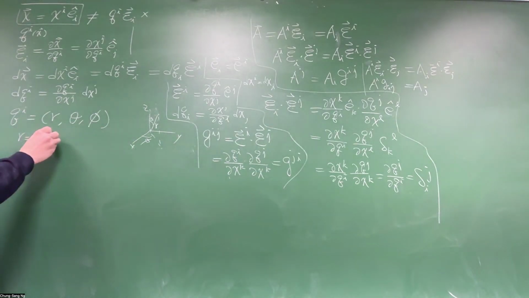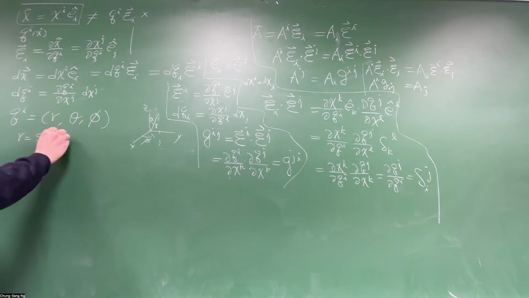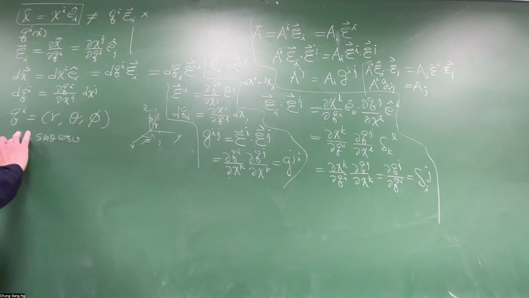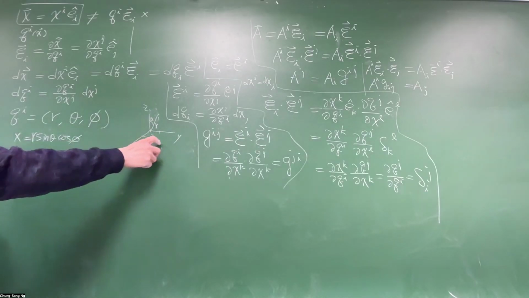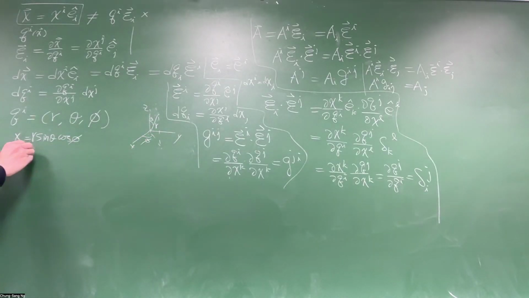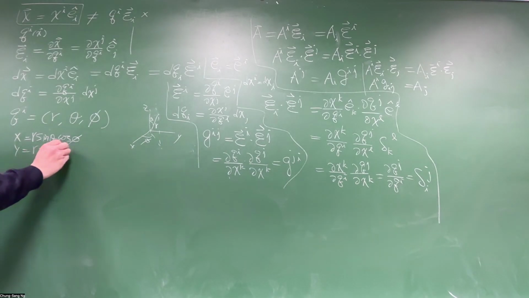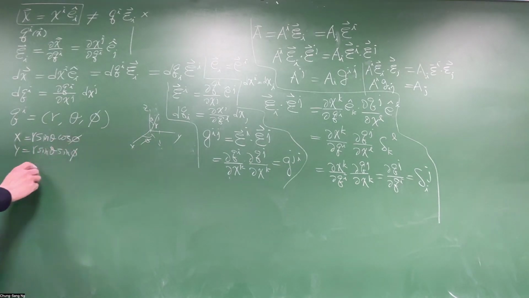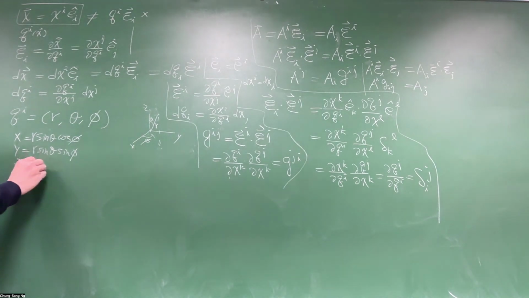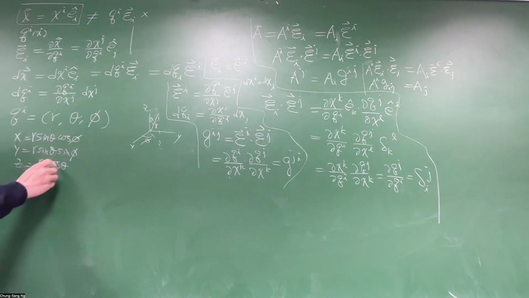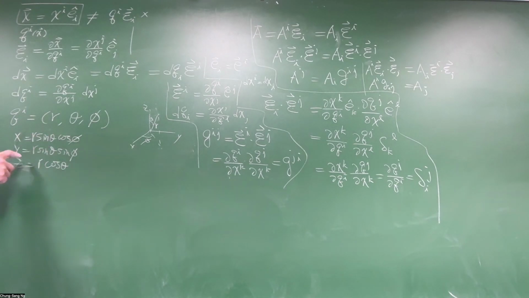x is r sine theta cosine phi. Likewise, y is r sine theta sine phi, and z is r cosine theta. So this allows you to do the differentiation.